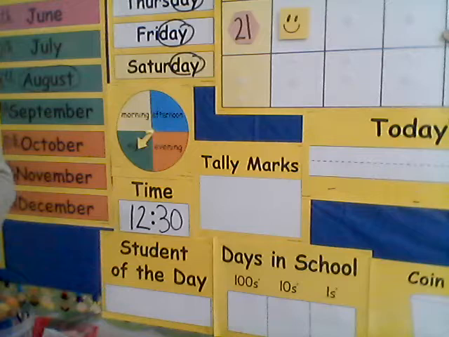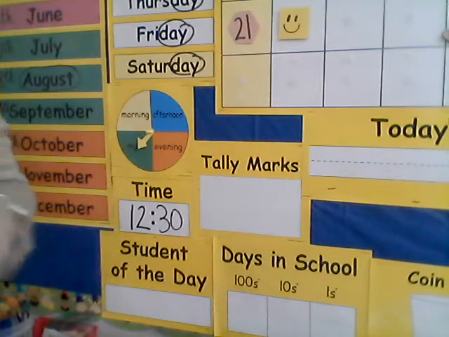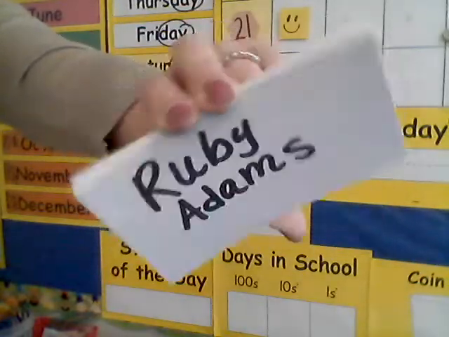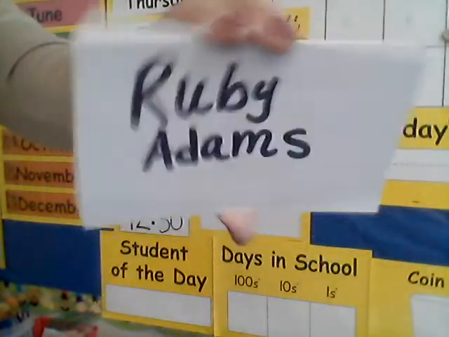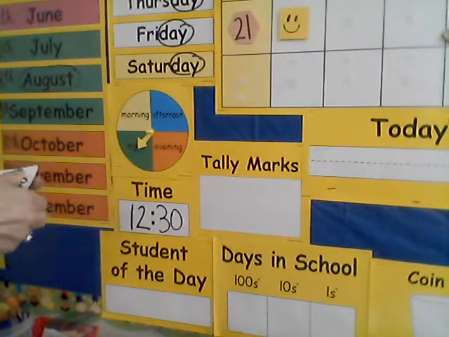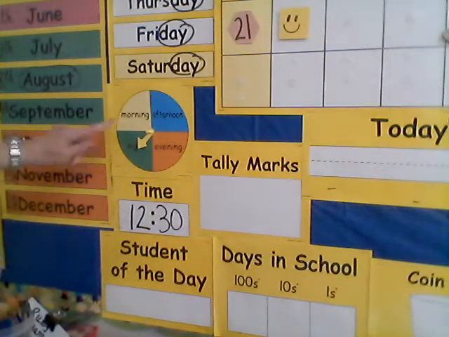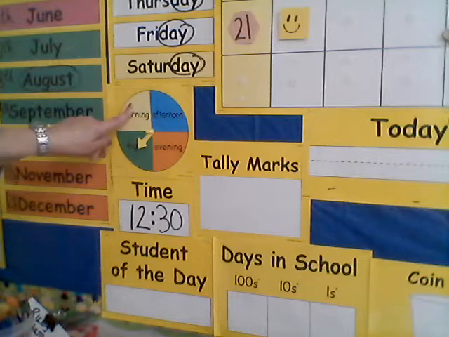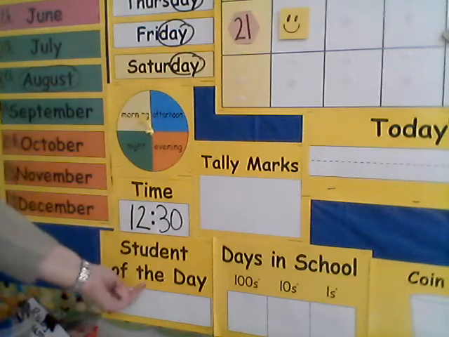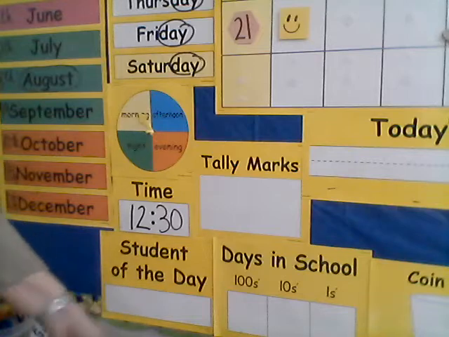On Friday, our student of the day was Anya. So that means that today's student of the day is Ruby Adams. Come on down. So if Ruby was here, the very first thing Ruby would do is turn the clock to morning. And then, of course, Ruby would write first and last name.